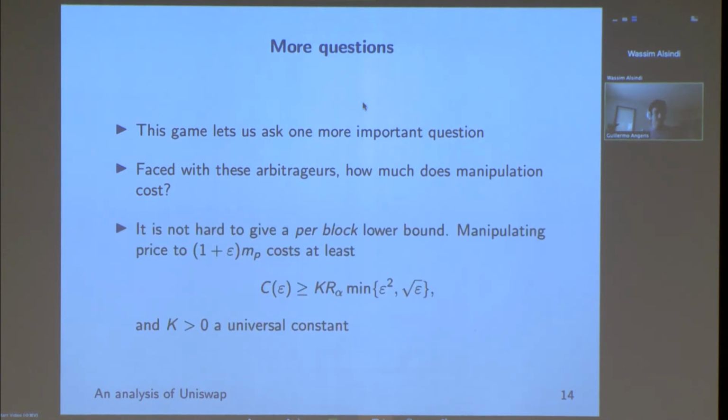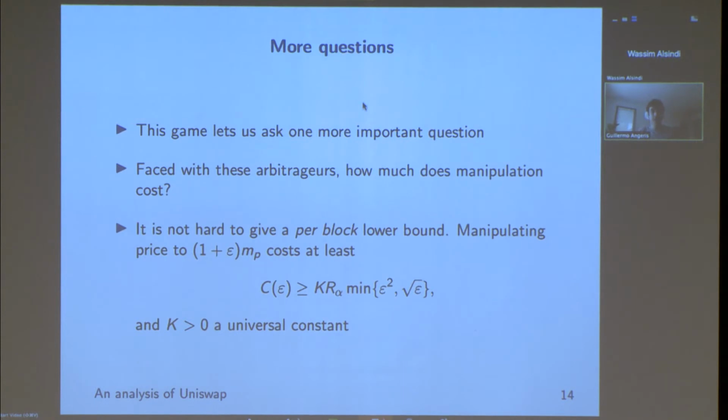One simple per-block bound, and I will mention this very carefully, can be given. It says, if we want to increase the price of the market to epsilon percent above its current price, then the cost will be essentially proportional to the reserves times the minimum of epsilon squared and the square root of epsilon. This is kind of a weird statement, but if epsilon is close to 1, this is approximately linear and pretty large.